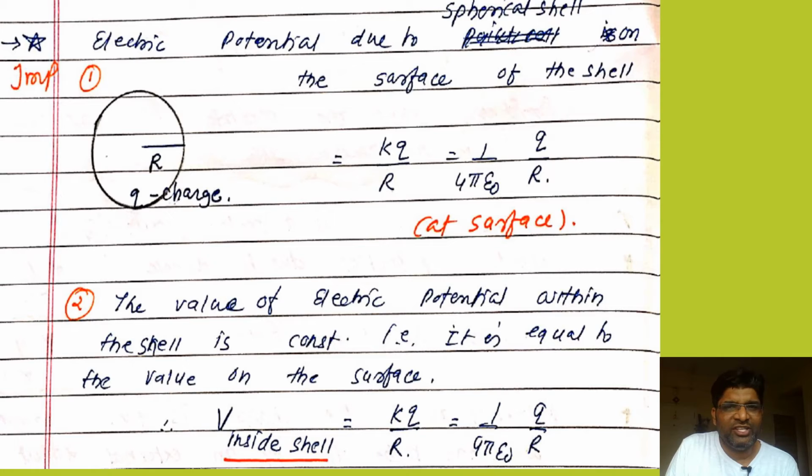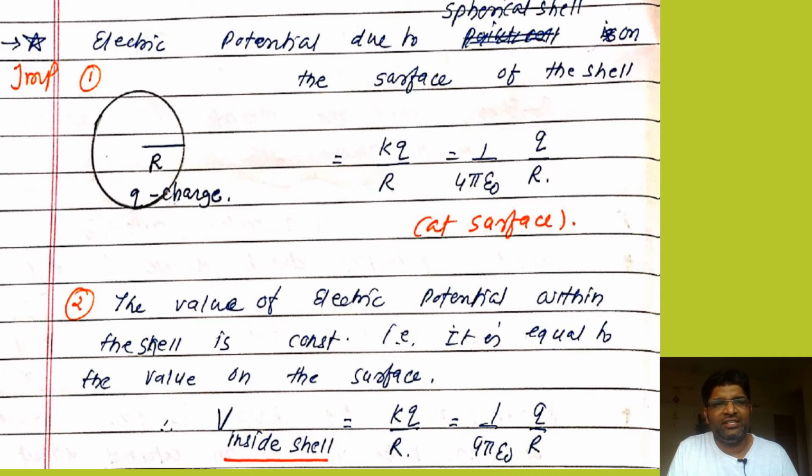Now, electric potential due to a spherical shell on the surface of the shell. Let's say you have a sphere of radius R, then its potential on this sphere, which has charge q on it, is equal to kq by R. Instead of k you can put 1/4 pi epsilon 0. You have seen the equation of potential, kq by R. So due to the spherical body, it is kq by R. Now the potential on the surface is constant.